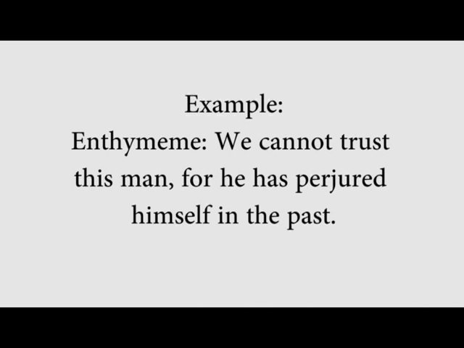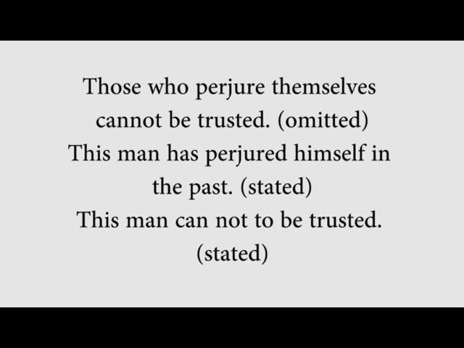Example: we cannot trust this man, for he has perjured himself in the past. The syllogism would be, those who perjure themselves cannot be trusted. This man has perjured himself in the past. This man cannot be trusted. Only the minor premise and the conclusion are stated.